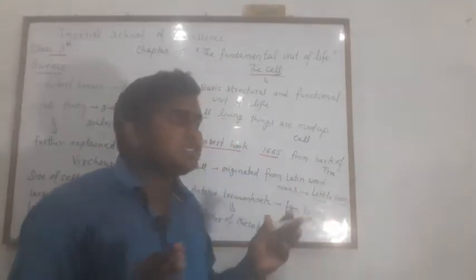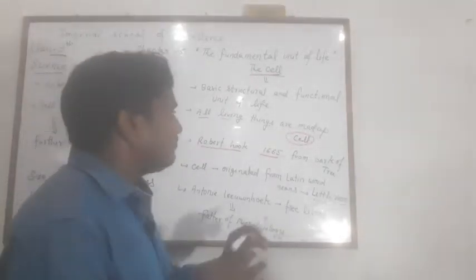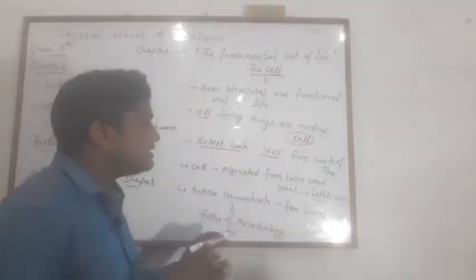These structures were called by Robert Hooke as cell.